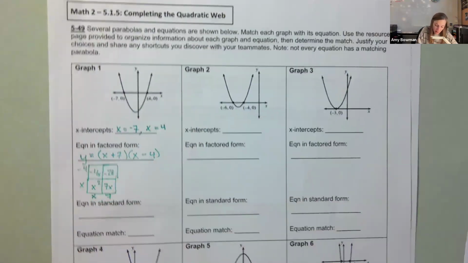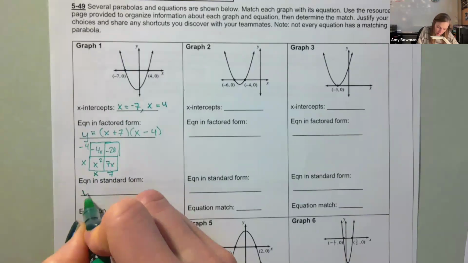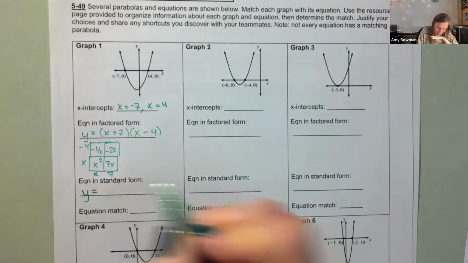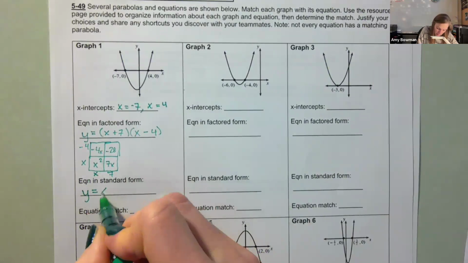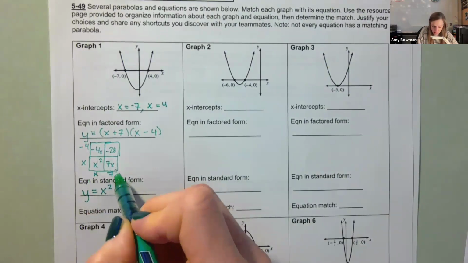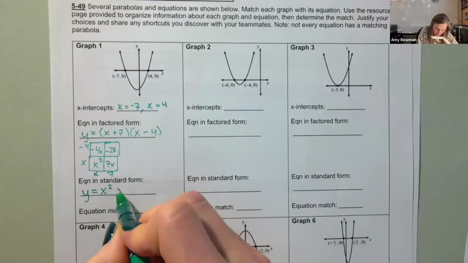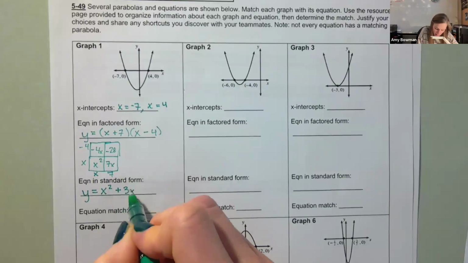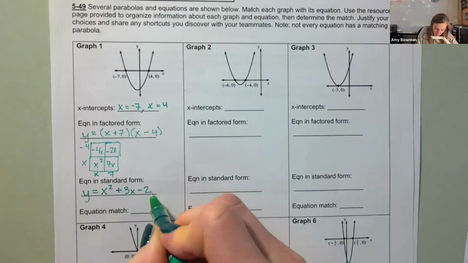Just by multiplying that out, we can put our equation in standard form. That's going to be x squared, and then we have -4x and positive 7x, so a total of 3x, and then minus 28.